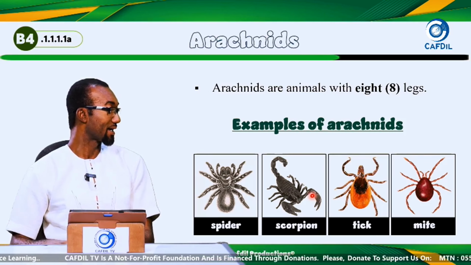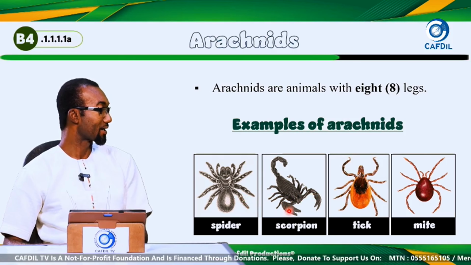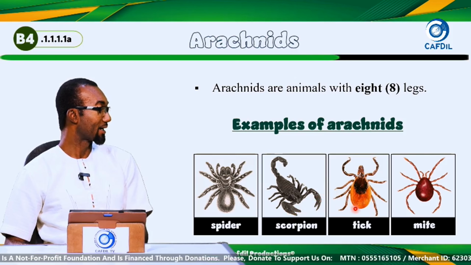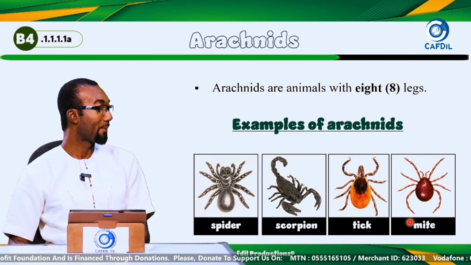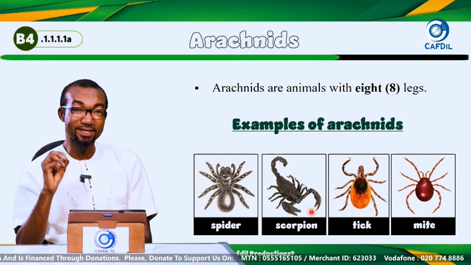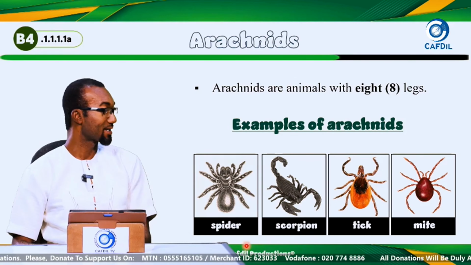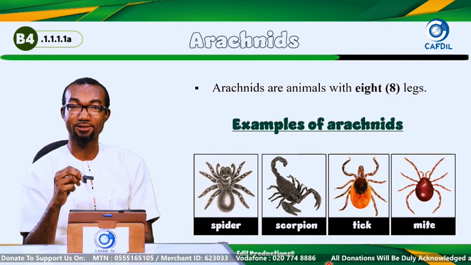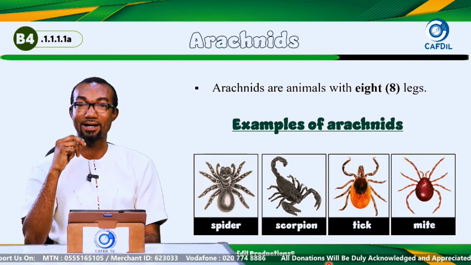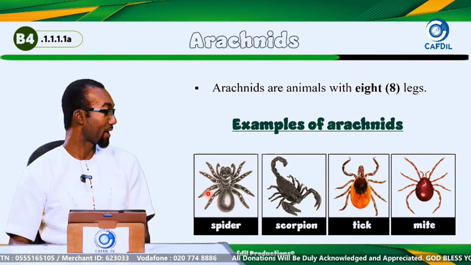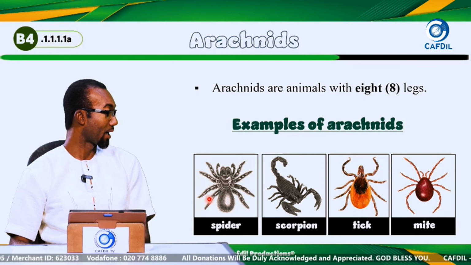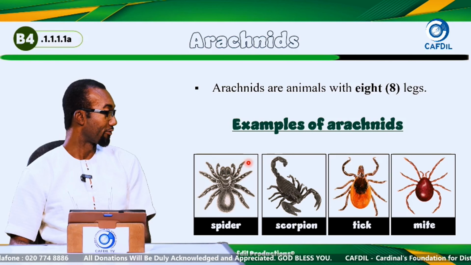If you look at the spider, the scorpion, the tick, the mites, they all have 8 legs. And because of their 8 legs, they are not considered as insects, but rather they are considered as arachnids. So if you look at the spider here, see that the legs are 1, 2, 3, 4, 5, 6, 7, 8.